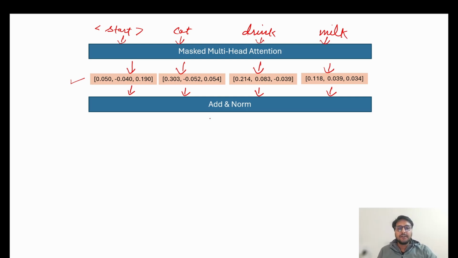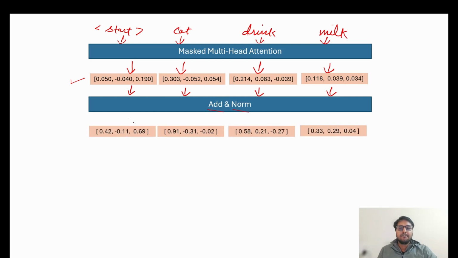First we do the add operation, then we apply normalization. We normalize our vectors using layer normalization, and this returns normalized vectors. These four vectors are the input of our cross attention, representing each word: start, cat, drink, milk.